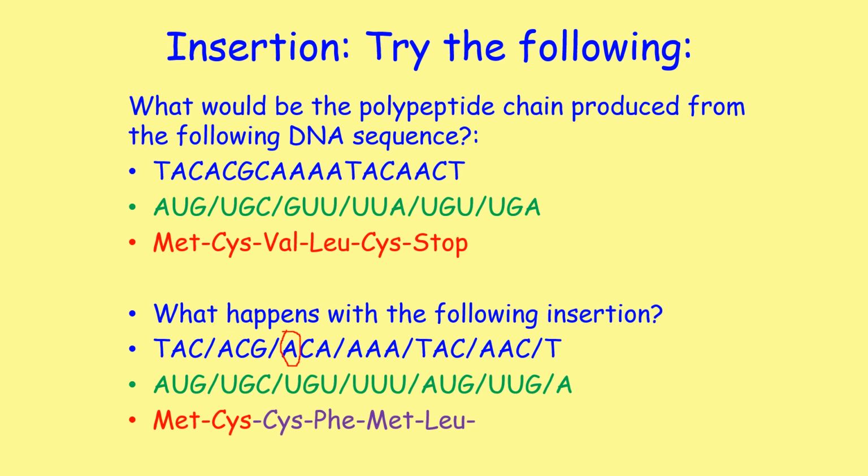Now, as you can see from your messenger RNA, every single codon after that particular mutation, and therefore every single amino acid that occurs after that mutation, has been affected, and they're all completely different, which is very similar to what we saw with our deletion mutation. So where the deletion and the insertion occur, every single codon and every single amino acid after has been affected.